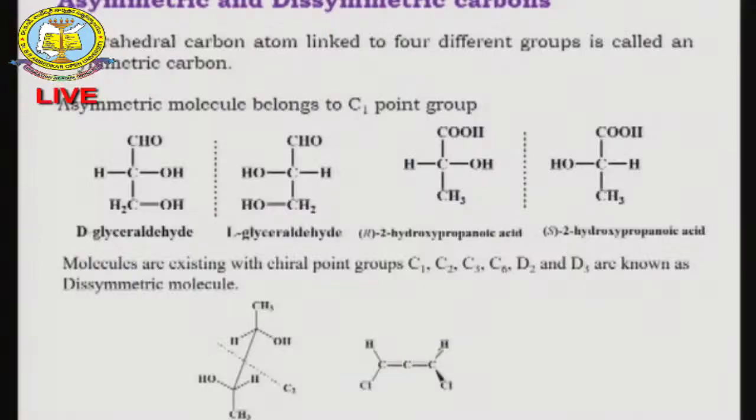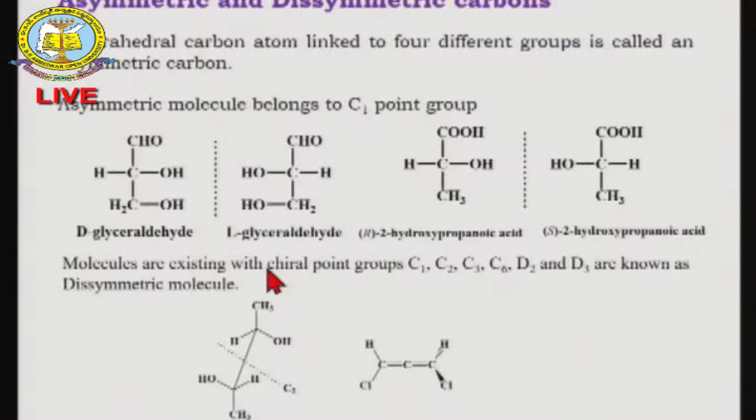Here also the molecules are chiral or optically active, but they possess C2, C3, C6, D2 and D3 symmetry elements. Whenever they have more than one symmetry element, the symmetry is greater compared to C1. More symmetry elements are there, and due to that reason these compounds are called dissymmetric molecules.